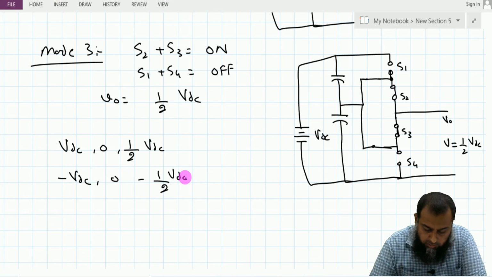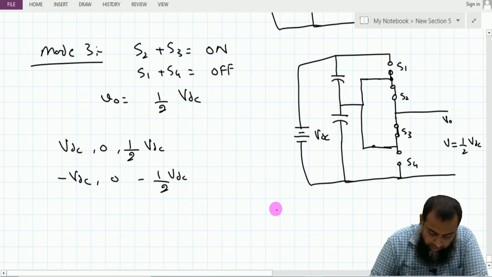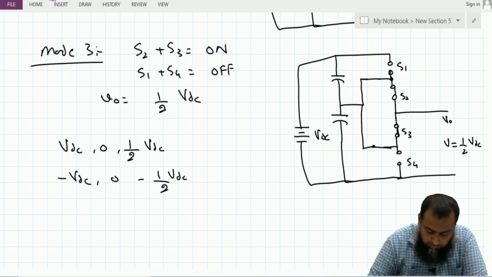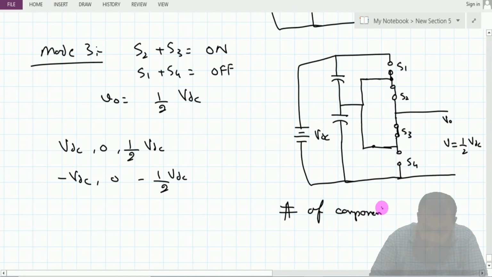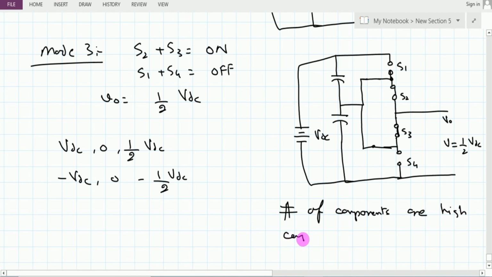And moreover, you can see that although with a single voltage source we have managed to generate an output voltage with multiple voltage levels, this scheme requires a lot of components compared to an H-bridge circuit. So one of the salient features is that we have more components, and this number of components is very much dependent on the output voltage levels that are desired in a given scheme.